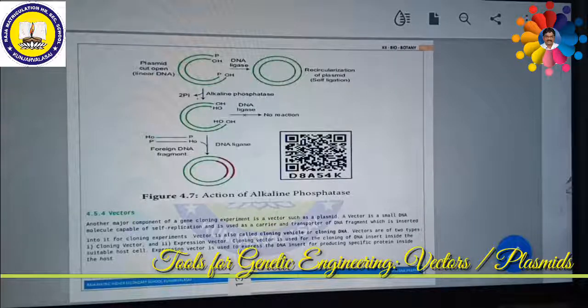What is a vector? Suppose you want to come to school; you should leave from home to school. You need a vehicle to transport you from your home to school. So what is the vehicle needed? Either you can come by school bus, or by bike or car or anything else.